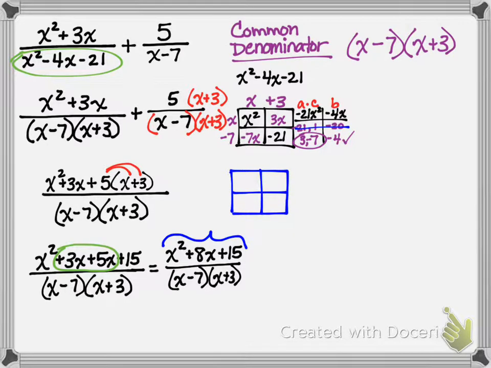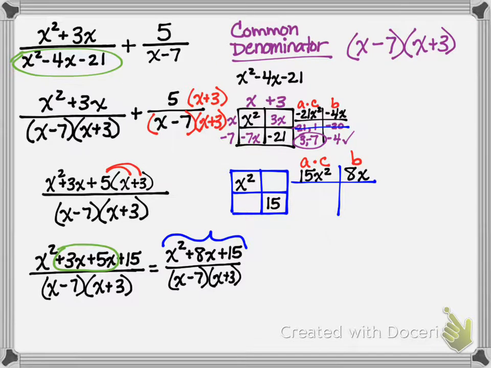So I have x squared here and a positive 15 here. I need two numbers that when I multiply them together, I get the product of a times c. So that would give me 15x squared. When I add them together, though, I get b, which is 8x.